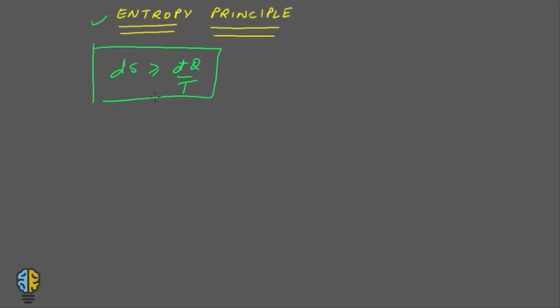Now, for an isolated system which does not undergo any energy interaction with the surroundings, so we are talking about the entropy change for an isolated system, you would have dQ is equal to 0, isn't it?